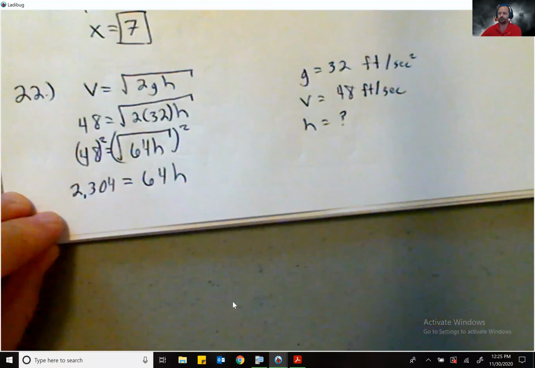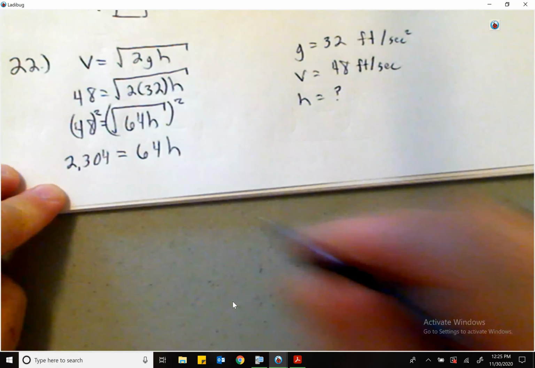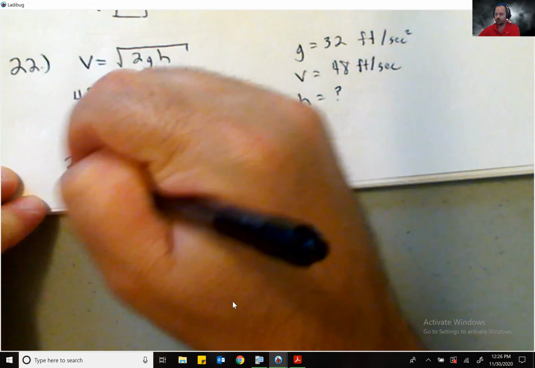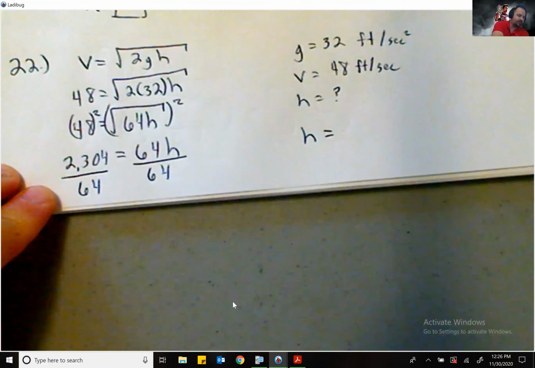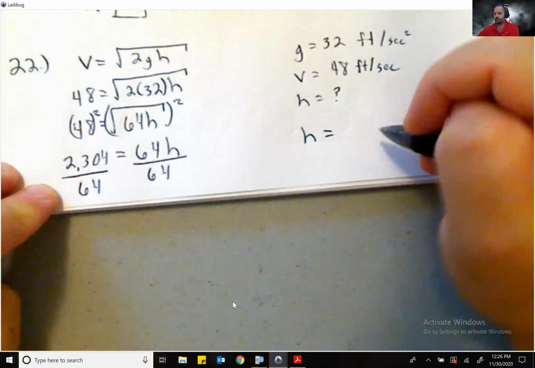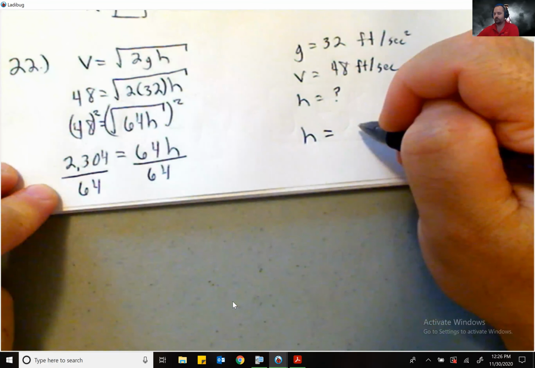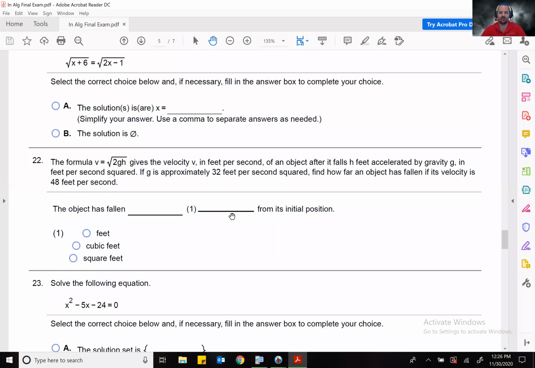Now what do we do? Divide by 64. Yes, indeed. So h is equal to what? 36. Good. But we're not done yet because this also wants to know what's the label. So up here, it says an object after it falls h feet.